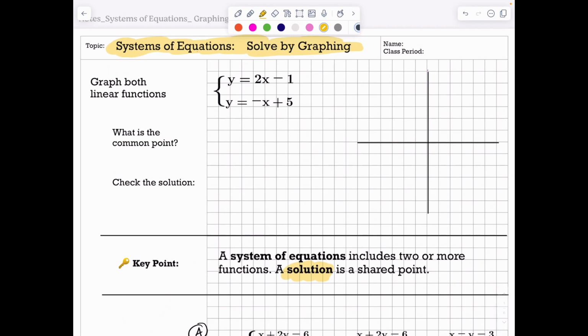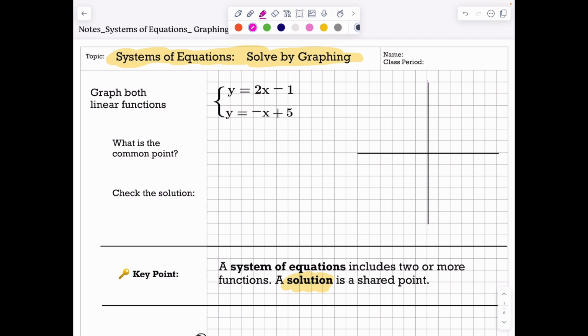All right, so this particular system right here, the first one, we have y is equal to 2x minus 1, and y is equal to negative x plus 5. So I graph both of those. I'll graph the first one in pink.